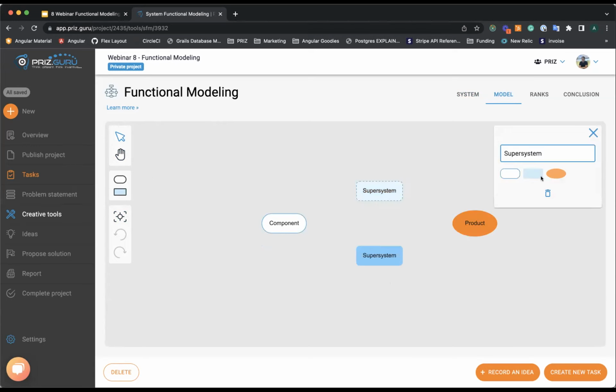We can change it around, and then the product will become something else. And by definition, the previous product will become one of the components, right? We can have several different regular components and several different super systems. There is no limit to that. So let's say we're talking about this software that the group of people is building, right?